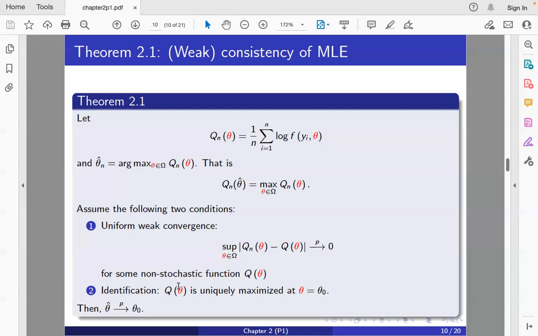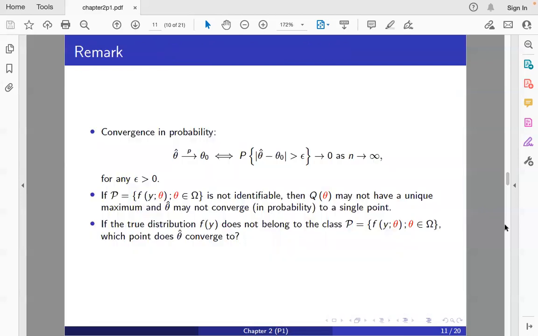Under these two conditions, consistency will be satisfied. Proving this is not really the focus of our class, so I'm not going to cover it, but I put it in the script in case you are interested.